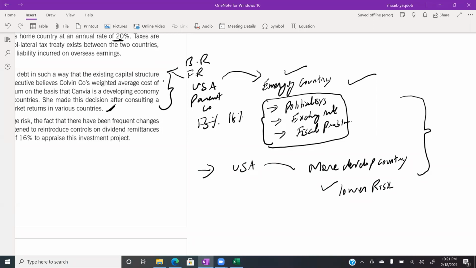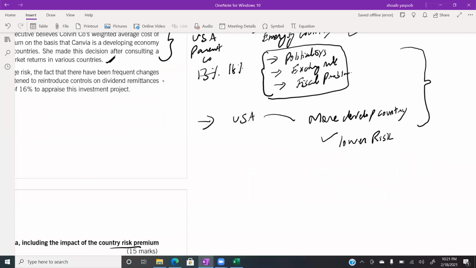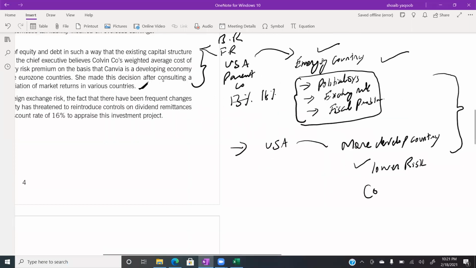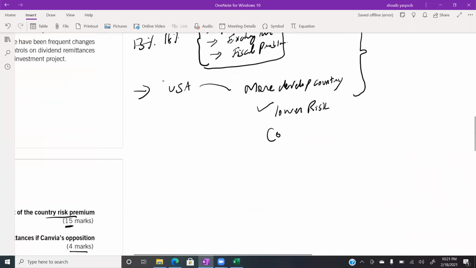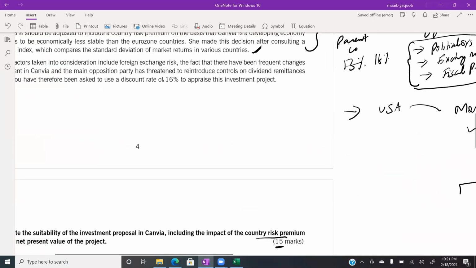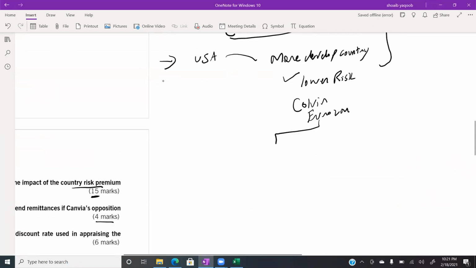So another point is, if this company is a multinational company in the Eurozone, and this company has invested in Convia, an emerging country, that is a risky investment.